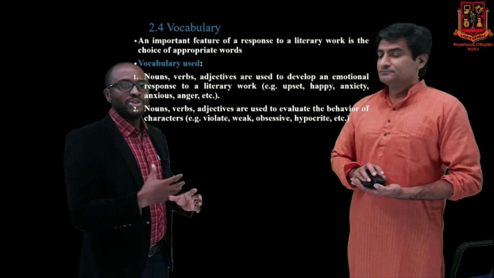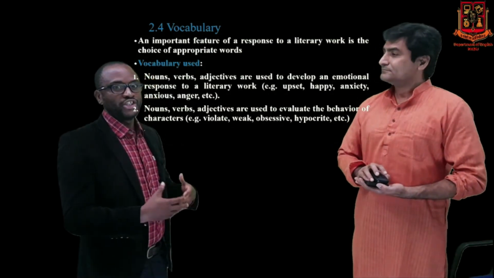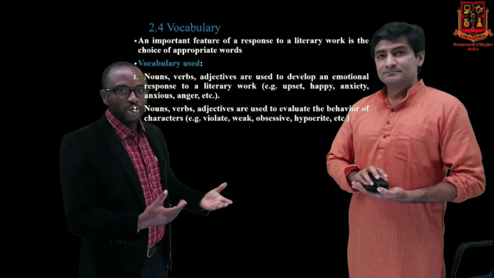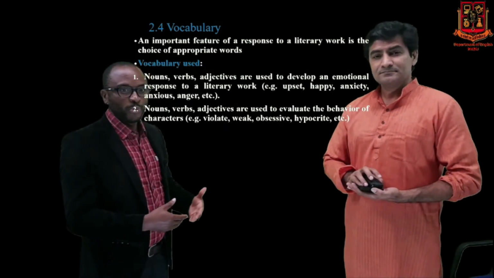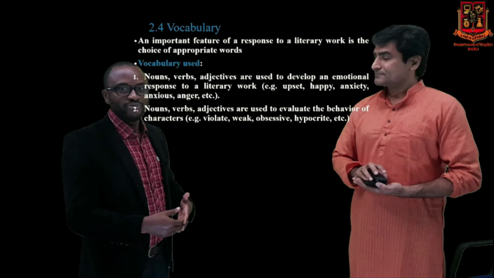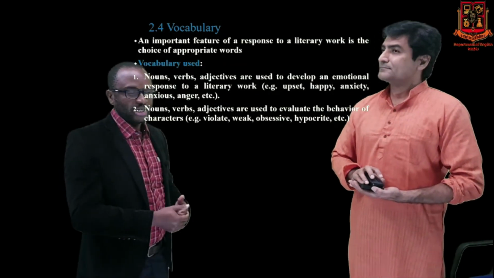So sometimes we use nouns, verbs, adjectives to develop an emotional response to a literary text. Sometimes we use nouns and verbs to evaluate the behavior of characters, their attitudes.